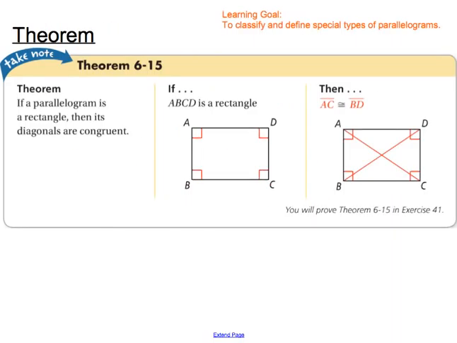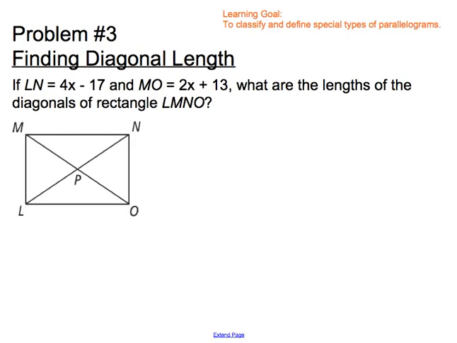Our final theorem of the day says that if a parallelogram is a rectangle, then its diagonals are congruent. So in this case, again, we can solve an algebraic type problem.